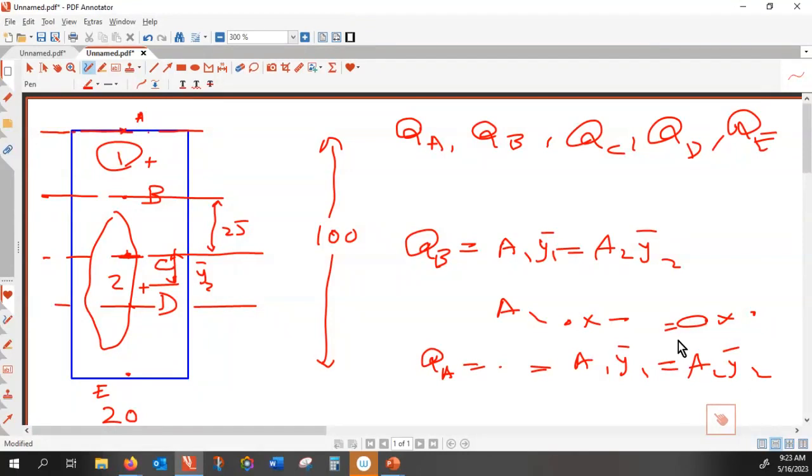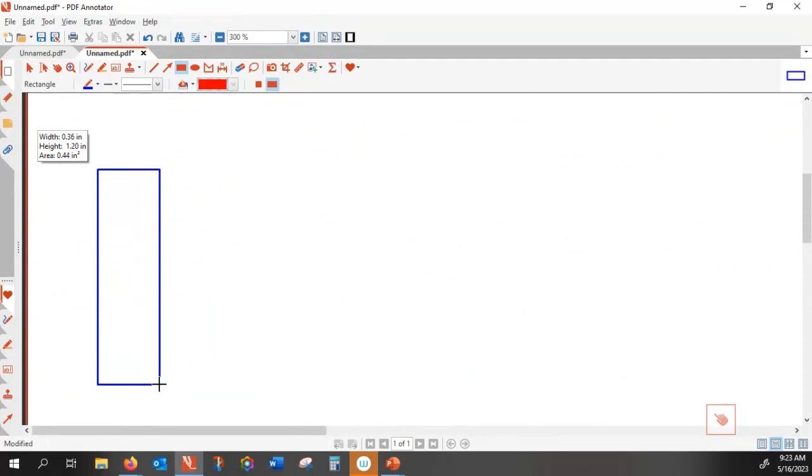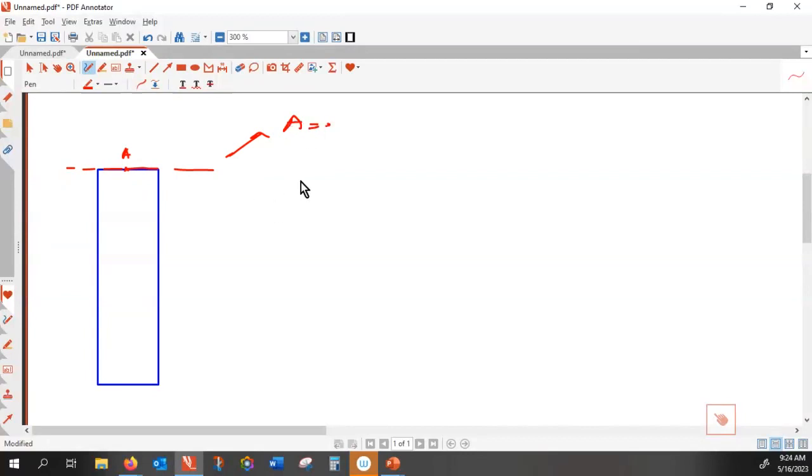Yeah, the last one. Why? Yes. Good question. So let's follow those steps, Ahmad. So where is my point A? My point A is here, right? So if I split that in two pieces, the upper piece area is 0.